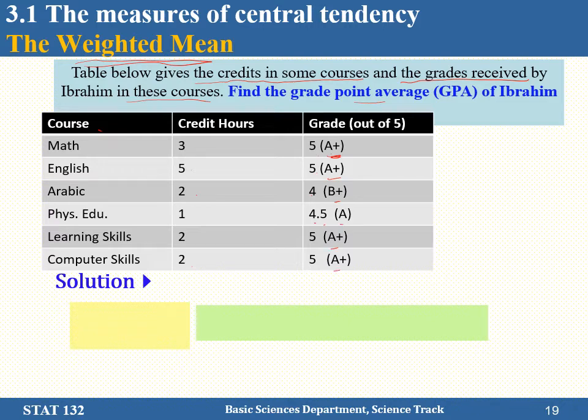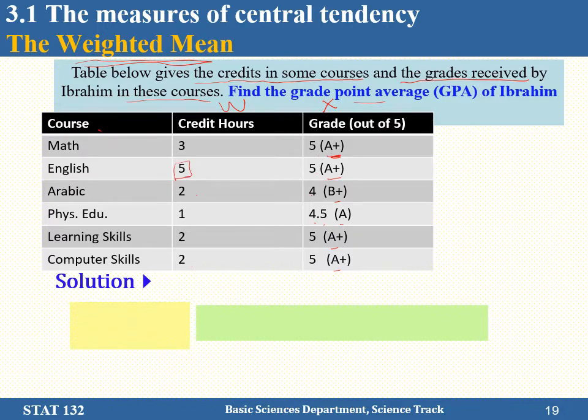Now we don't take it as frequency, but we take them as the weight, because the credit hours are the weights, and the grades are x. The weight is determined by the number of credit hours.